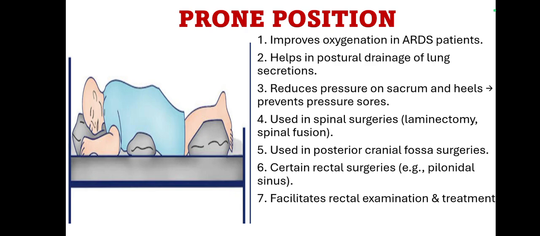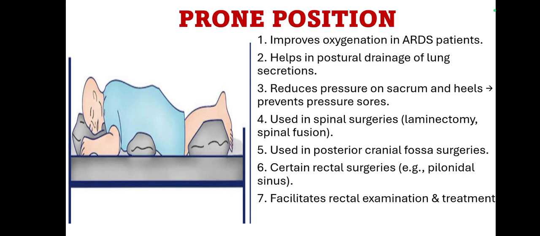In a patient who has ARDS, the prone position helps to remove secretions and reduces the VQ mismatch, improving VQ matching and oxygenation. It helps in postural drainage of lung secretions, and reduces pressure on the sacrum and heels, preventing pressure sores, with position changes every 2 hourly or 4 hourly.